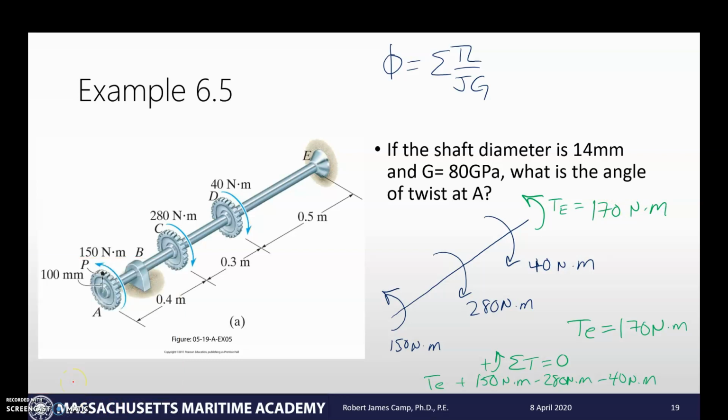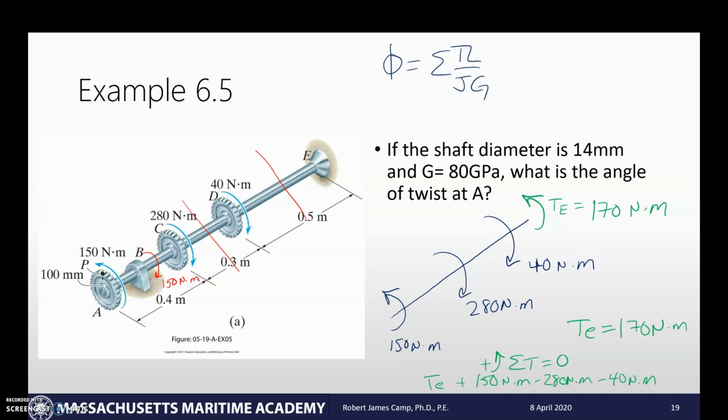Now we need the internal torques, and how do we do that? We're going to break it up and look at the internals every single time an external load is applied. So I'll be looking there, there, and there, because I'll have 3 separate internal torques. If I've got 150 newton meters going that way, then internally at this point I have to have 150 newton meters going along that direction.